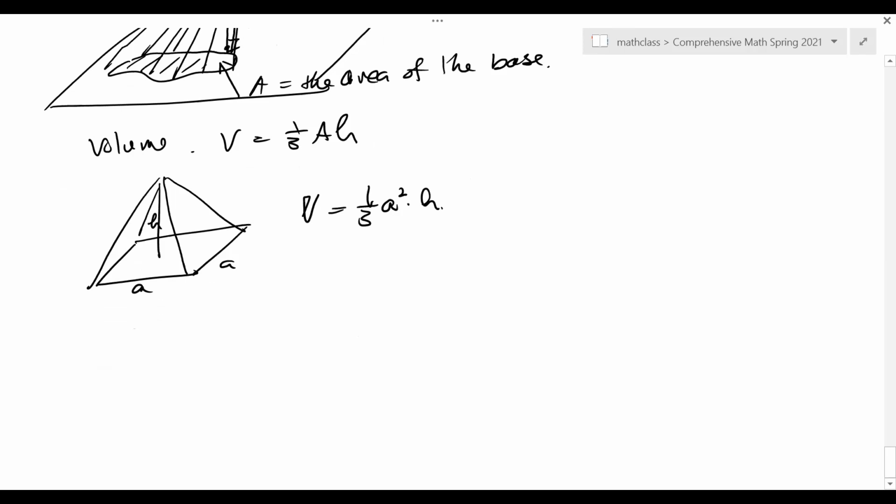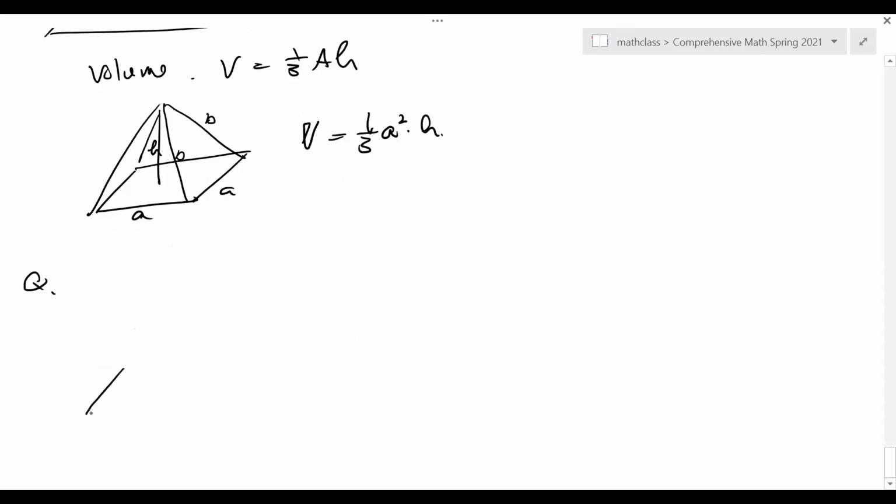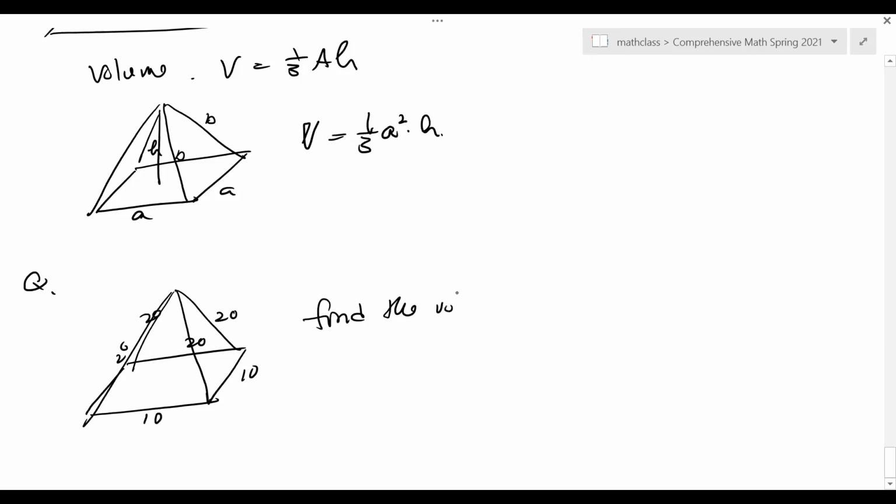So if this side is B, can you determine the height? Here's a question. The pyramid, and I'm assuming a 10-10, and this is a pyramid. And this side, just assume that it's 20-20. And find the volume. How do you do that?